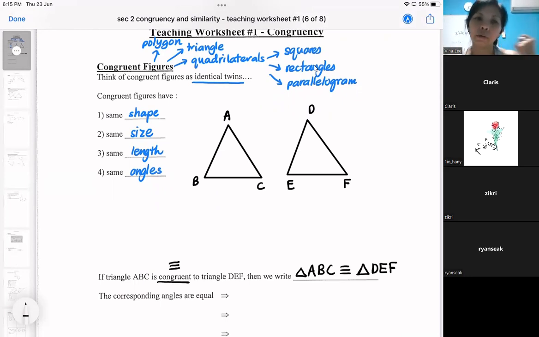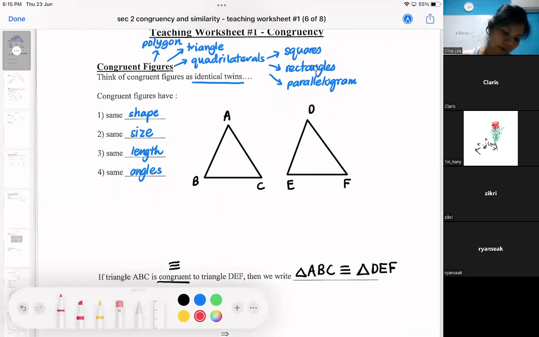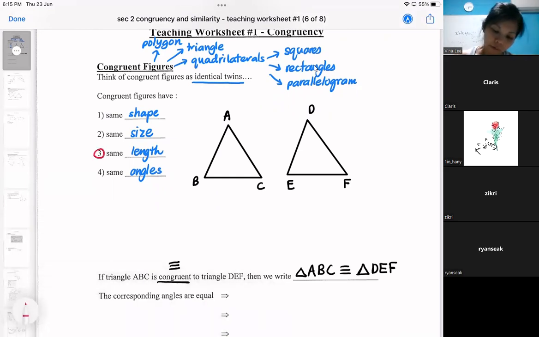So how do we trace the same length? Let me show you. AB will be the same length as DE. BC will be the same length as EF.